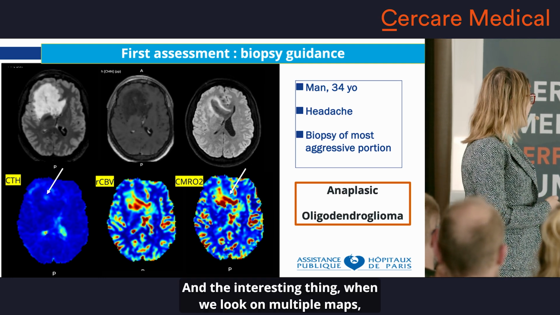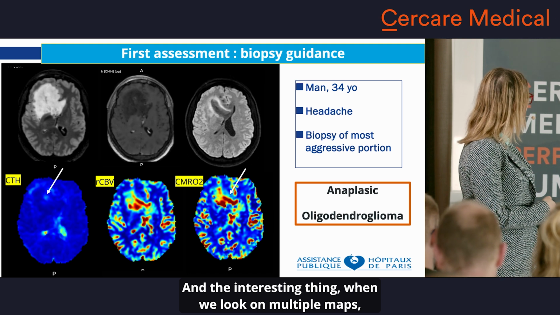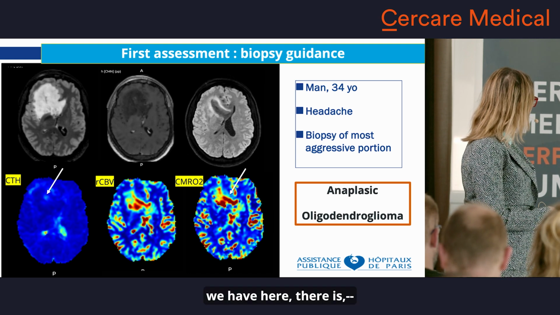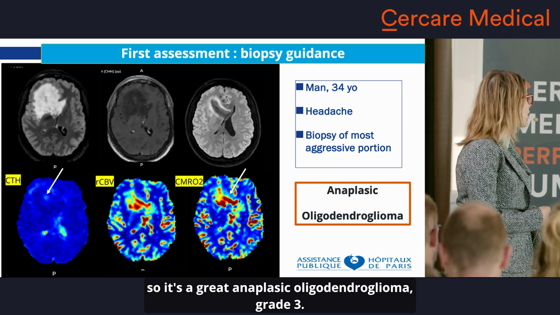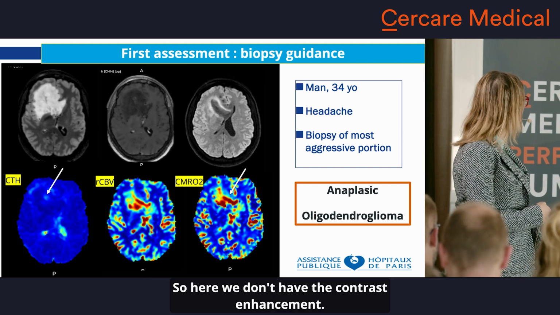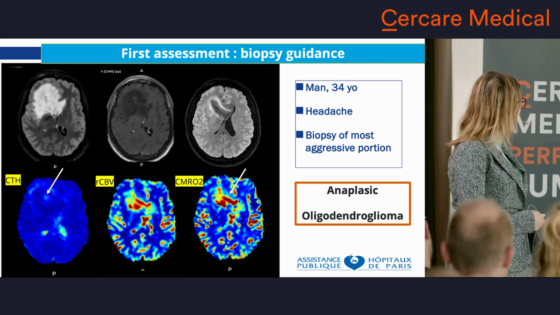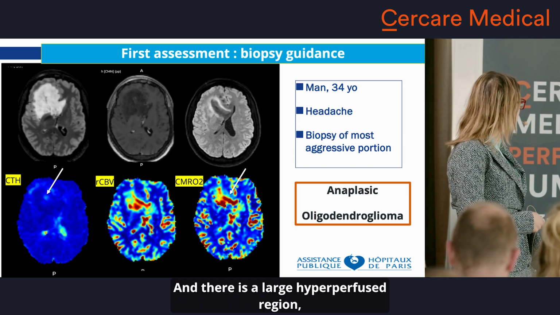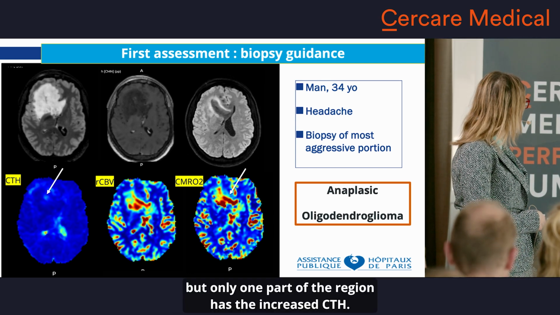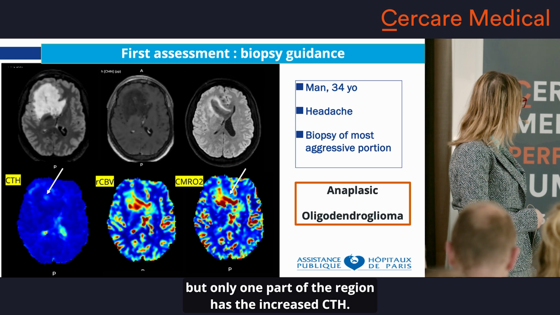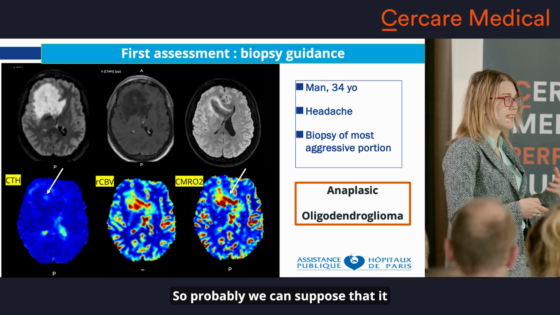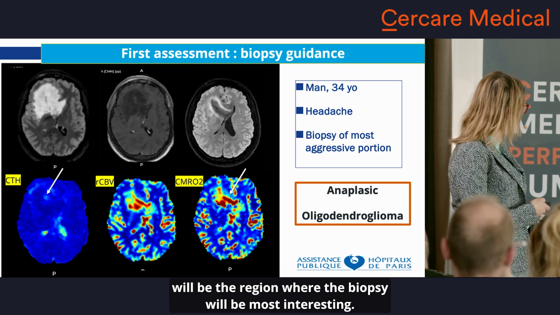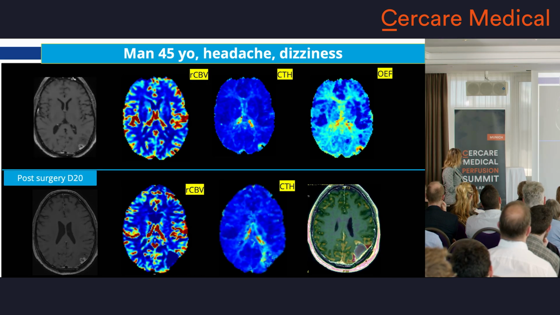The interesting thing, when we look at multiple maps, is that this is a grade 3 anaplastic oligodendroglioma. Here we don't have the contrast enhancement. And there is a large hyperperfused region, but only one part of the region has the increased CTH. So probably we can suppose that this will be the region where the biopsy will be most interesting.